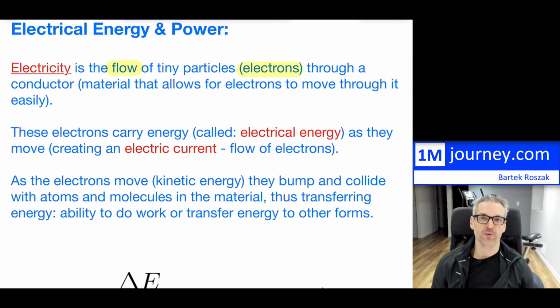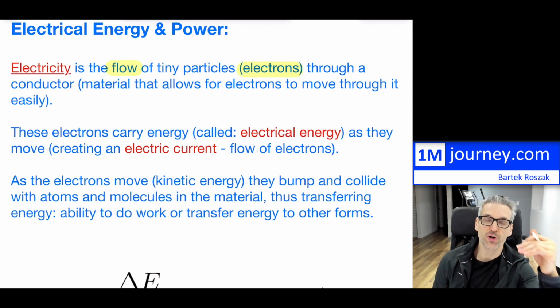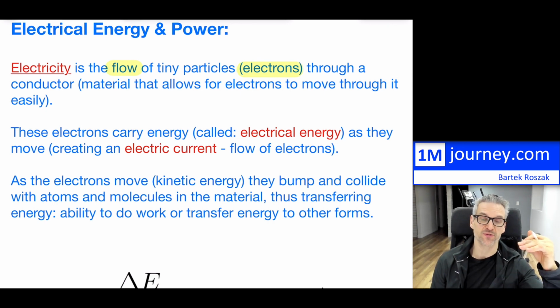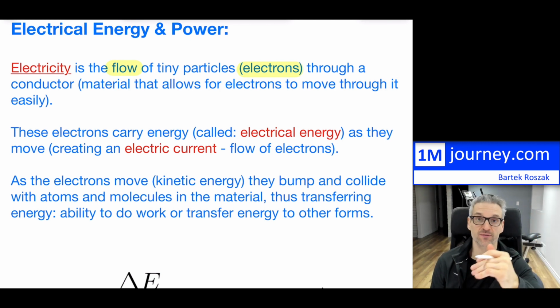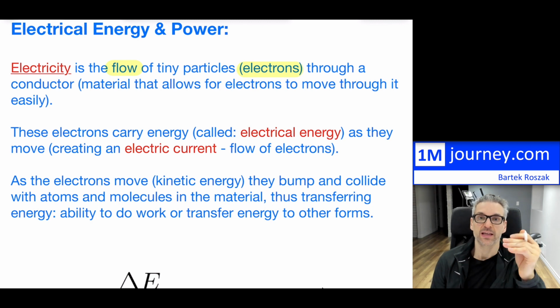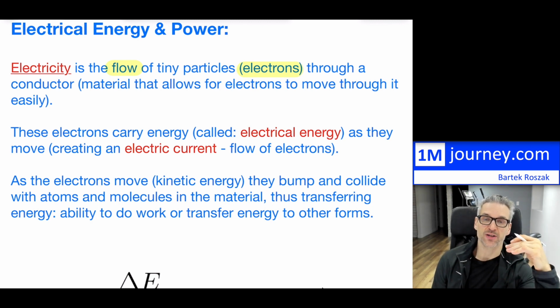Now, you may remember the words conductor and insulator, in terms of thermal energies and heat transfers. A conductor of thermal energy meant that you can transfer heat very easily through those materials. Well, in this case, and very often it's very similar, you can actually allow electrons to flow very easily through certain materials.